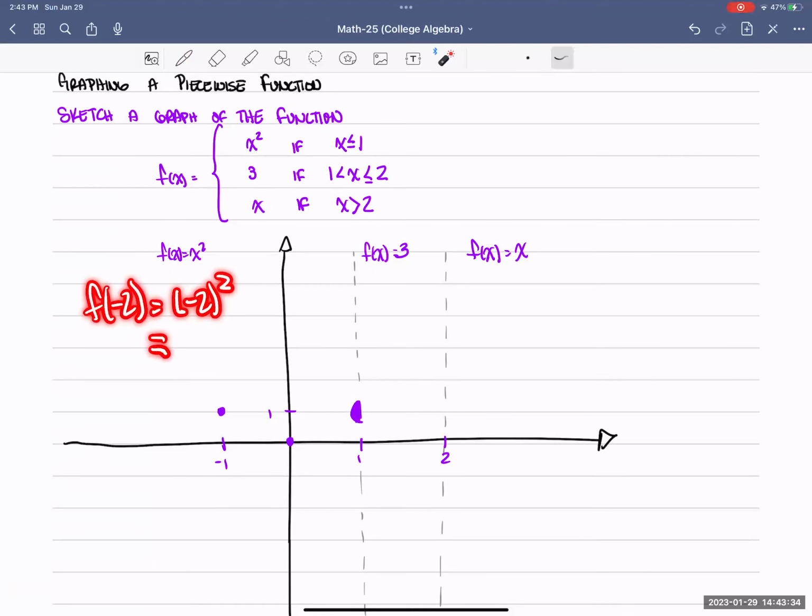That's -2 times -2, which would be a +4. So we have the point -2 comma 4. Going up 1, 2, 3, 4, that gives us this point. We also know that these numbers are going to go on forever to the left, because as we go further and further left, we go further and further up. So we could distinguish that part there, and it stops right there for us.